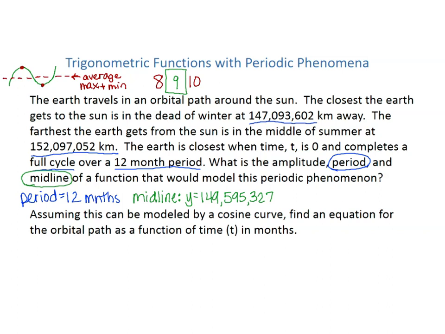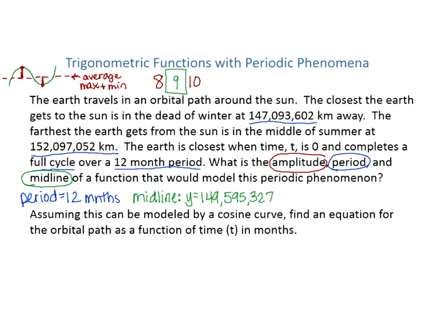And remember what the amplitude is. The amplitude is the distance from this midline to the peak, so right here, or from the midline to the valley. Either way, because these two distances should be the same, right? So if we take our peak and we subtract the midline, then that should give us this distance, which is our amplitude.